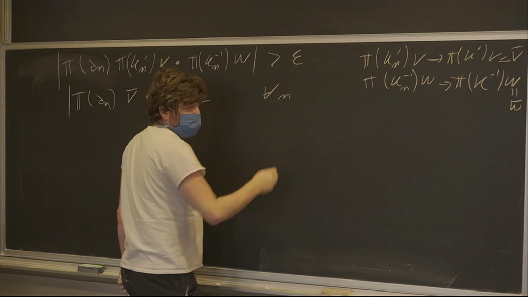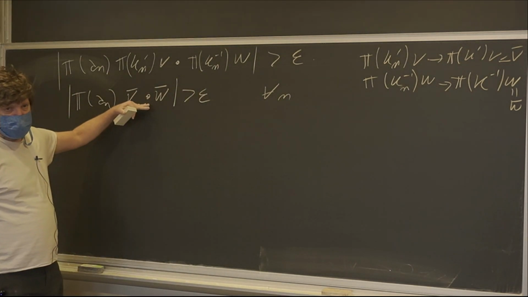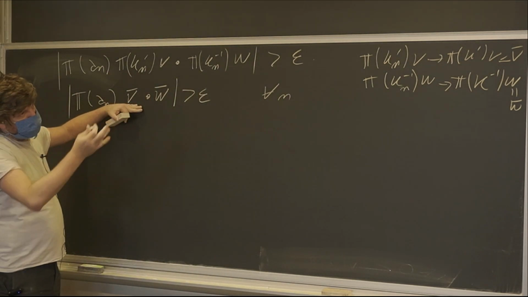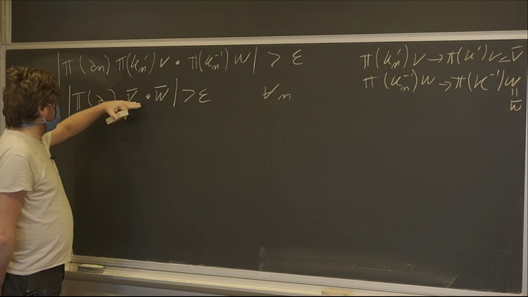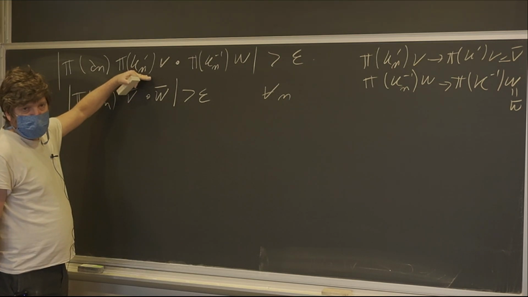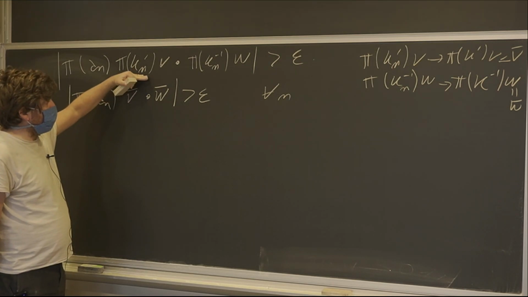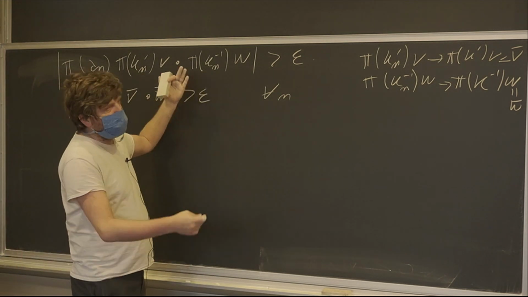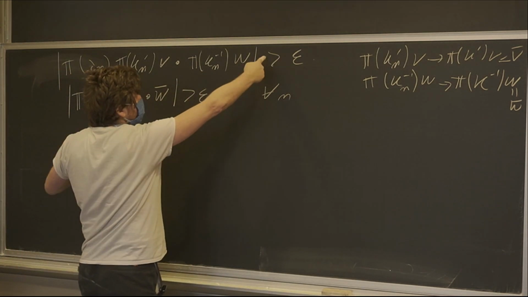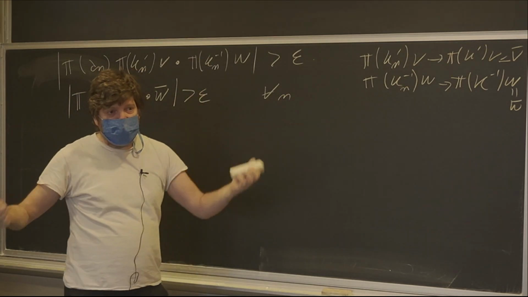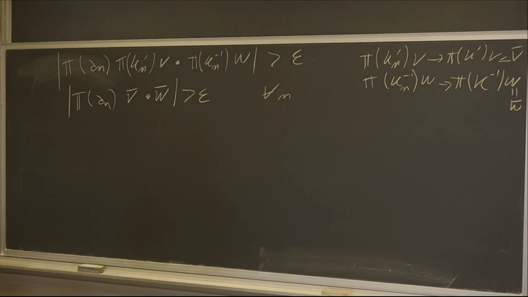It's even simpler than before. You compare this with this guy, and the difference goes to 0, so it has to be larger than epsilon over 2. Well, actually, since it's a strict inequality, it's larger than epsilon, so we are good.